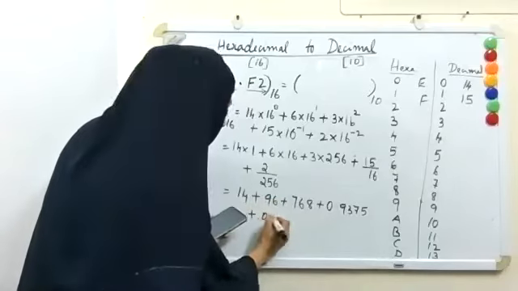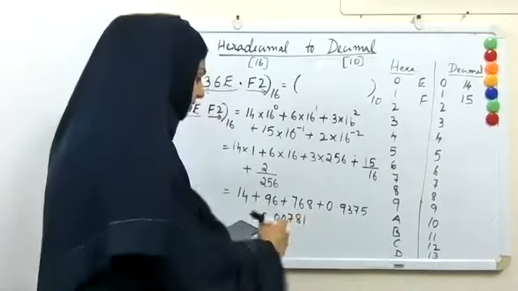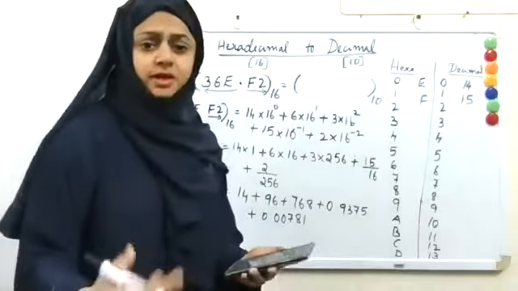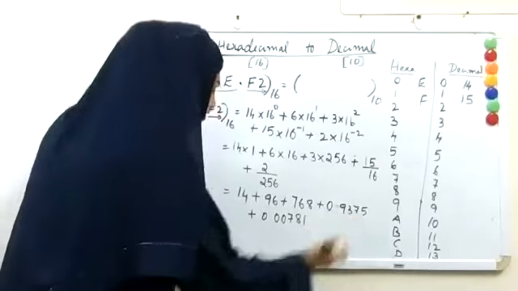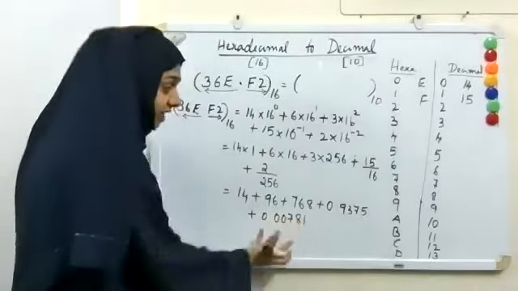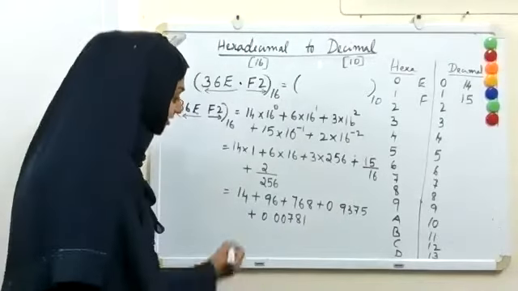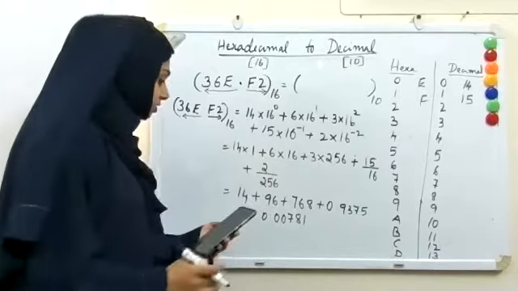It's 0.00781, 25, but I am neglecting the further digits which come after this. Already I have taken 5 decimal places. That's more than enough. Now I have to add all of this together.